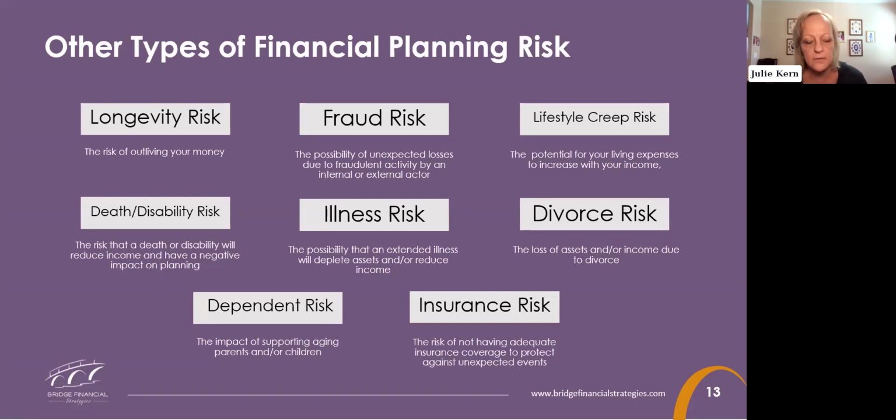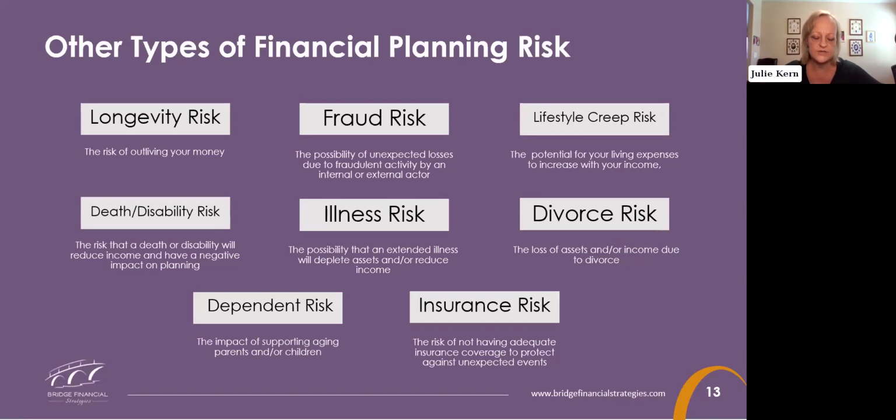We're seeing this a lot where people who are planning for their own retirement are also supporting either their aging parents or their children or both, like young adult children. Obviously the more people that you're supporting, the more money that requires. So definitely a risk that needs to be planned for as part of your financial plan.